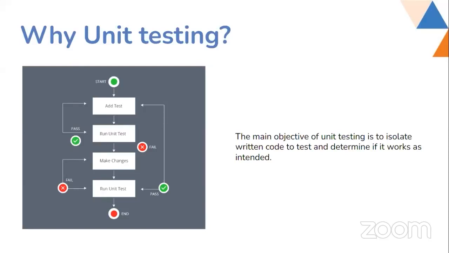If not, you can just change the code and run it again. In this image, you can see that initially we write a test and run it, and make changes if it fails. If it passes, then we end the test.